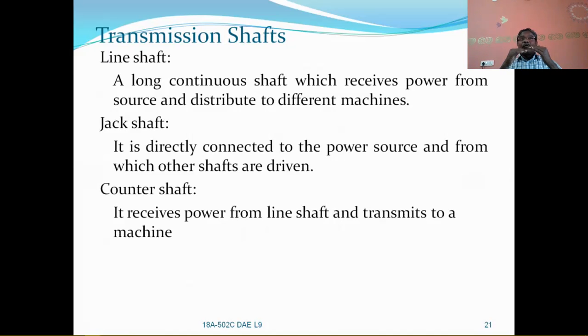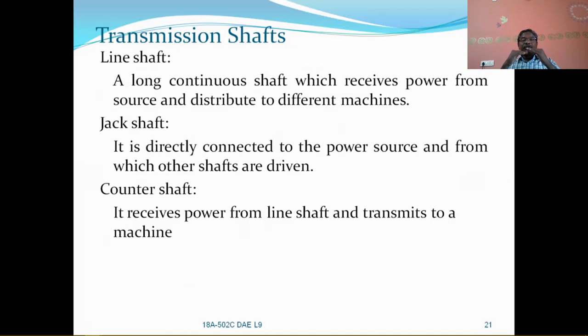And the counter shafts: whichever shaft is mounted on the rice mill, the flour mill, or maybe the chilli mill. All these consist of different shafts, and they are driven by the line shaft, and the line shaft is driven by the jack shaft.